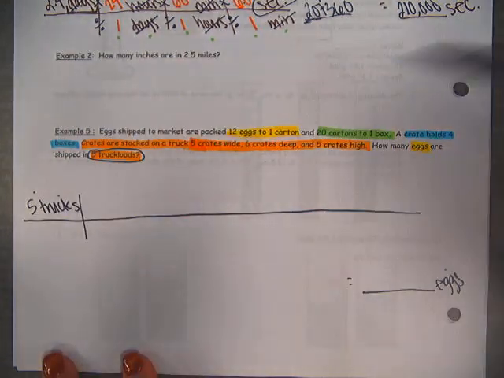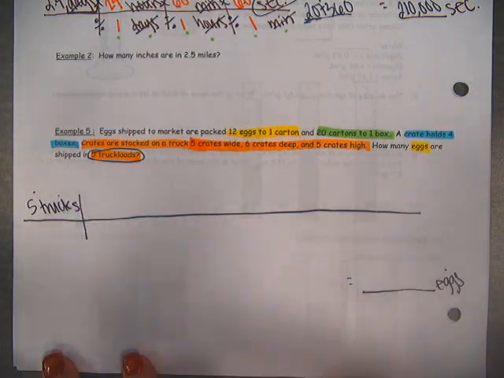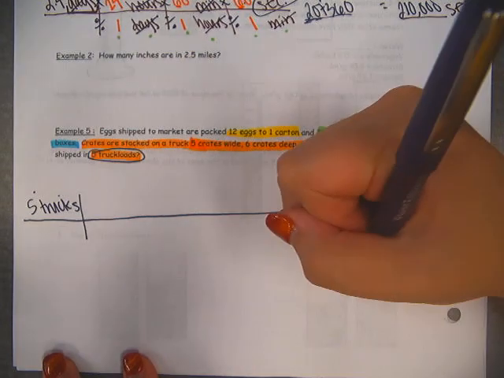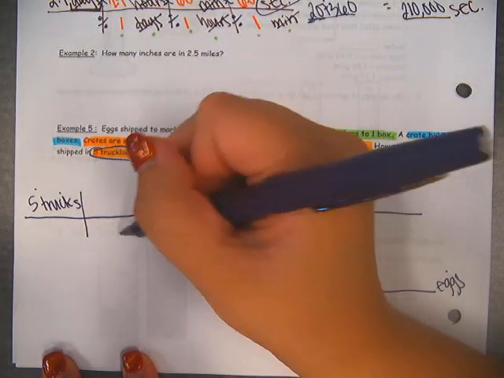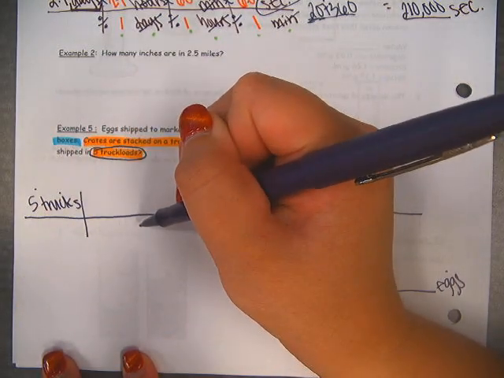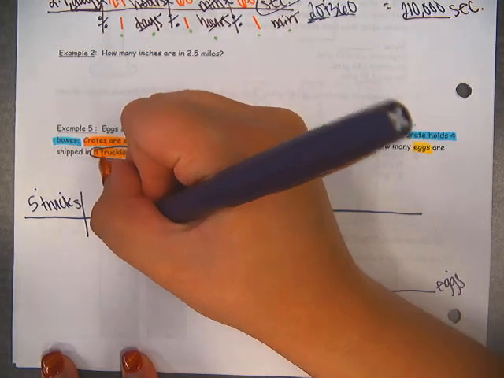After you get it set up this way, if I have trucks here, what can I automatically do? Disco it down. So what am I going to disco down? Do I put 5 trucks in the bottom? The unit, just the unit, so trucks, perfect.